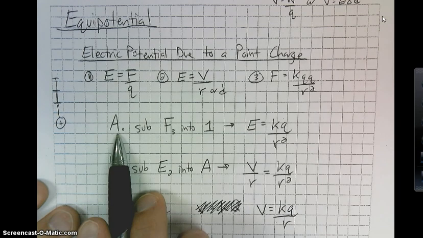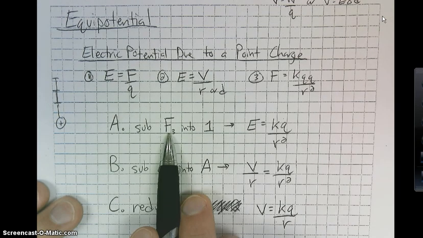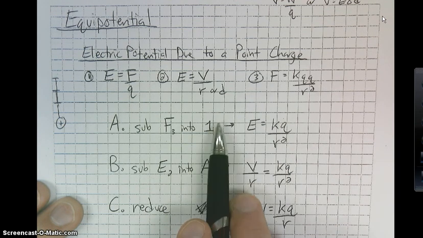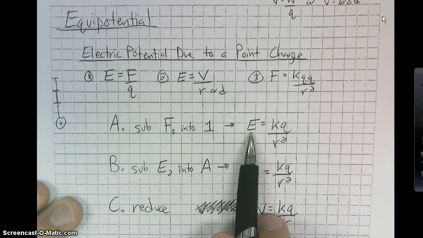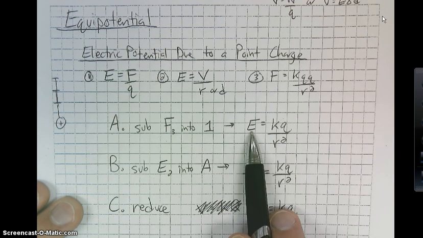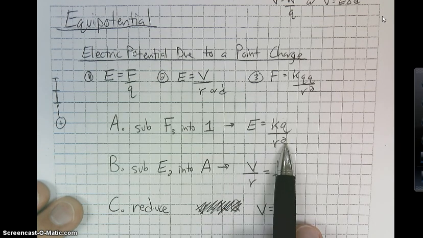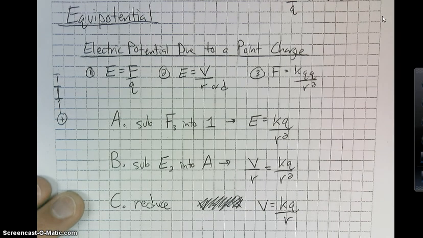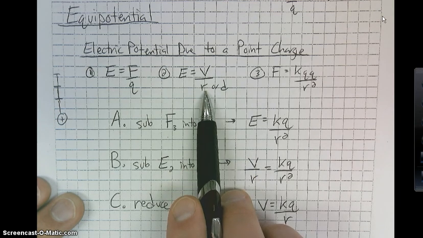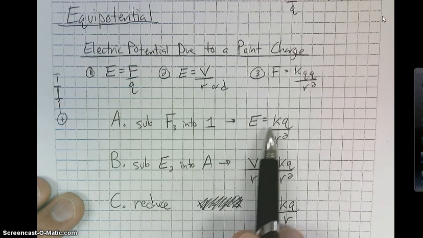For letter A, it says first sub F3, so this force 3 into 1. We've done this a few times so that we can write an expression for the electric field without the force in there, because here we've got the force, we want it out. So E is kq over r squared. For part B, I'm going to substitute in this electric field, which is V over R, into this equation.